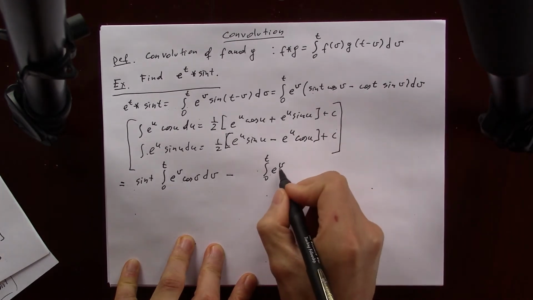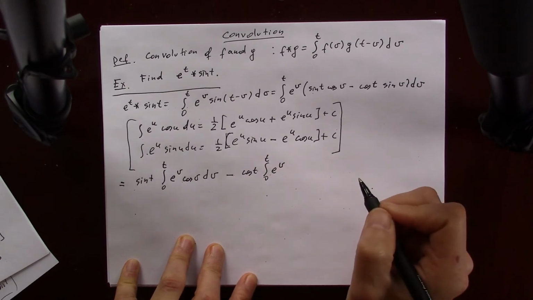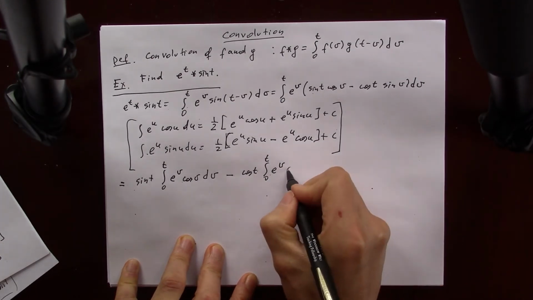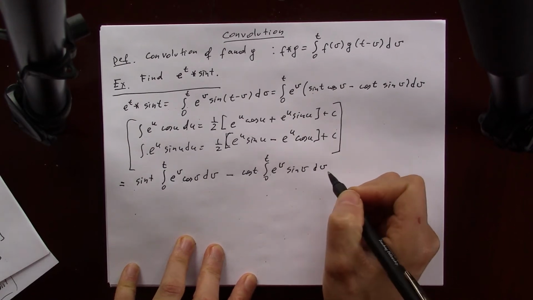Cosine t has no v in it, so we can take it outside, with respect to v it's a constant.